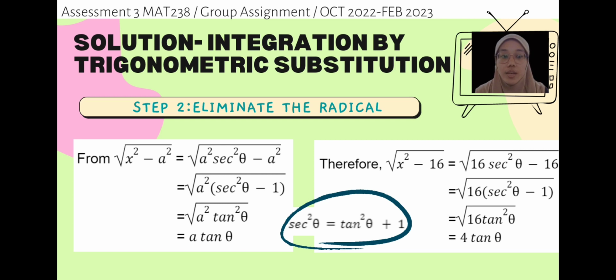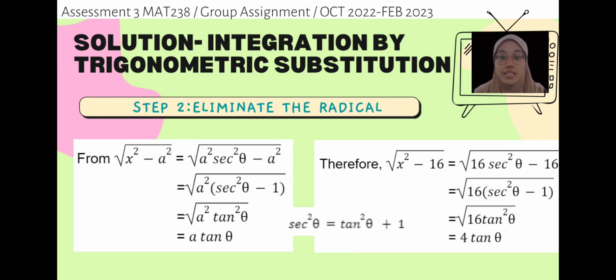Then, we can factorize it. When we factorize the equation, when we see at the trigonometric identities, secant squared theta equal to tangent squared theta plus 1. Hence, we will get square root of 16 tangent squared theta. And it will be finalized into 4 tangent theta.